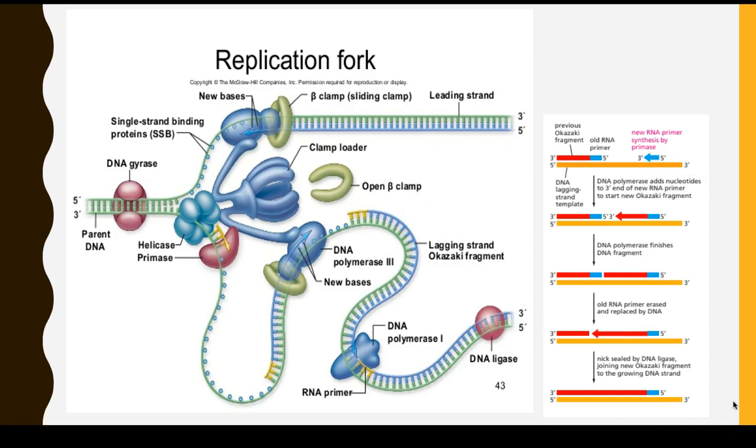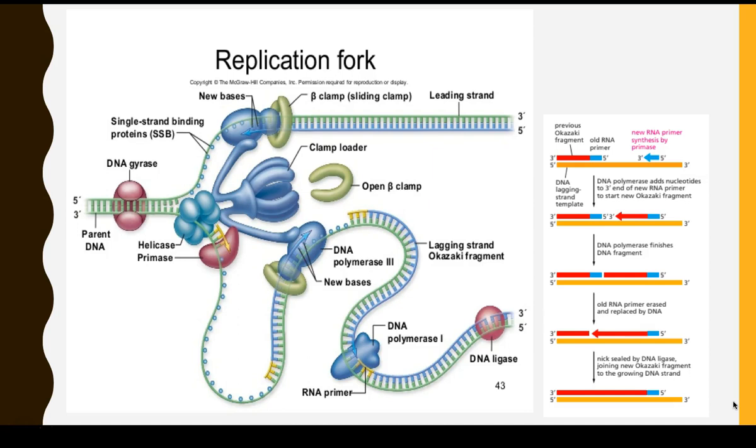RNA polymerase, called primase, starts the replication by adding an RNA primer at the 3' end of the template strand of DNA. DNA polymerase then connects to the RNA primer because RNA polymerase can make DNA from scratch, while DNA polymerase needs other nucleotides to add to.